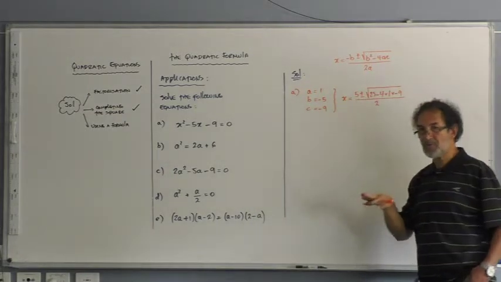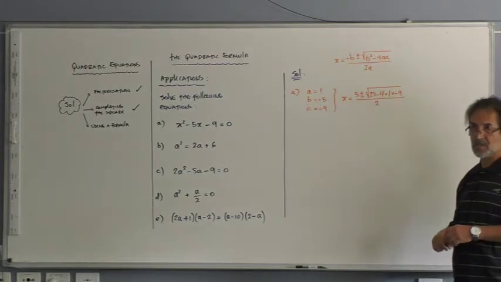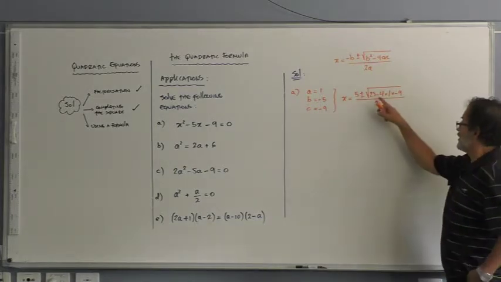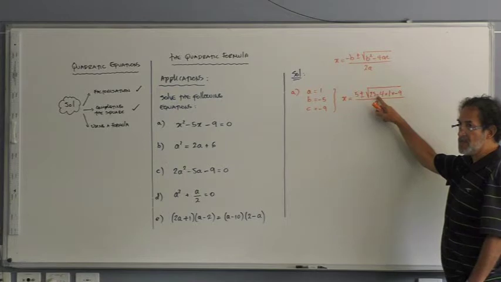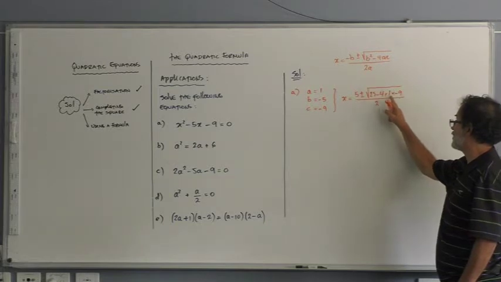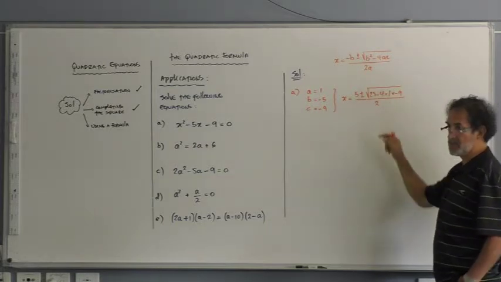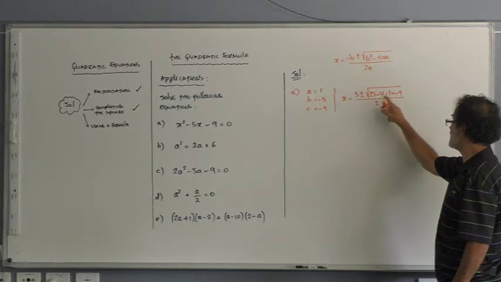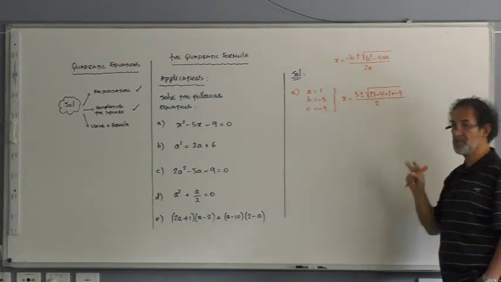Now, I want you to pay attention to this. Whenever you have two negatives in here, you're going to be plussing these two answers, because negative times negative makes a positive. So I want you to remember that.